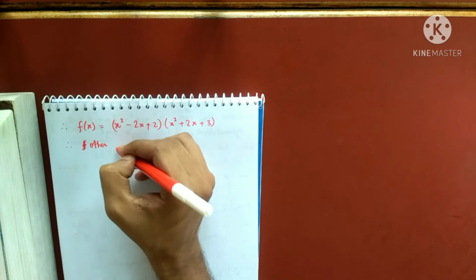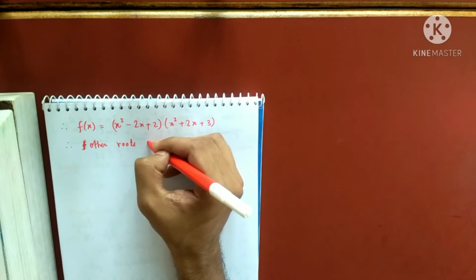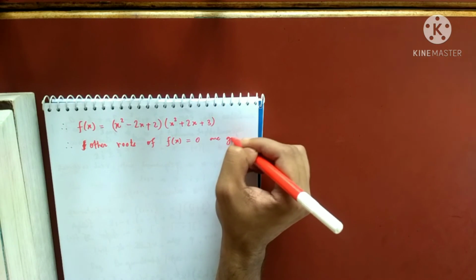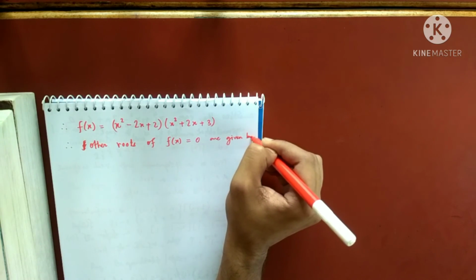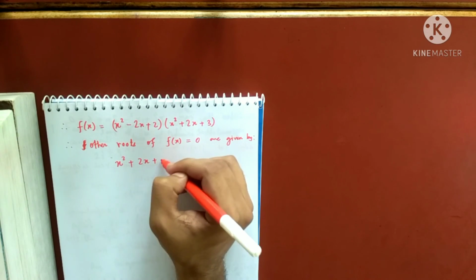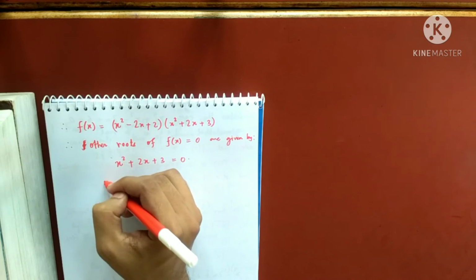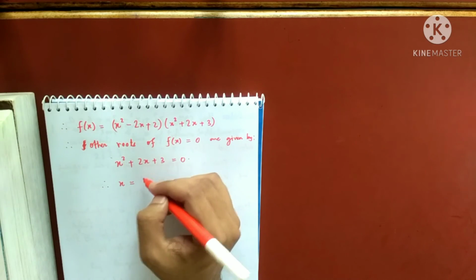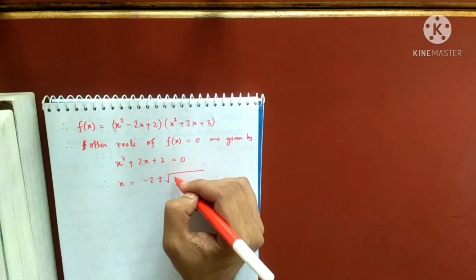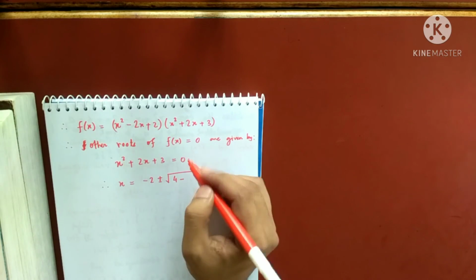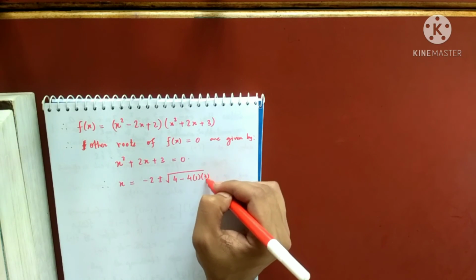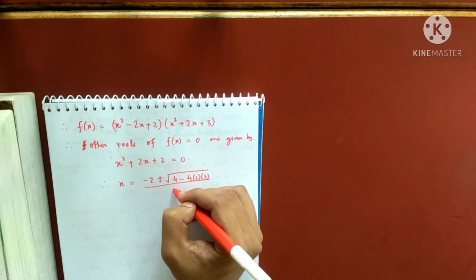So the other roots of f(x) equals 0 are given by this equation, x square plus 2x plus 3. Solve this using the quadratic formula. x equals minus b plus minus root over b square minus 4ac, by 2a.